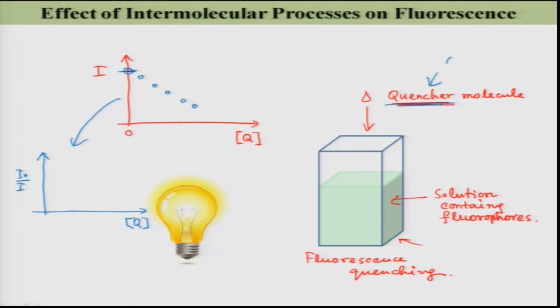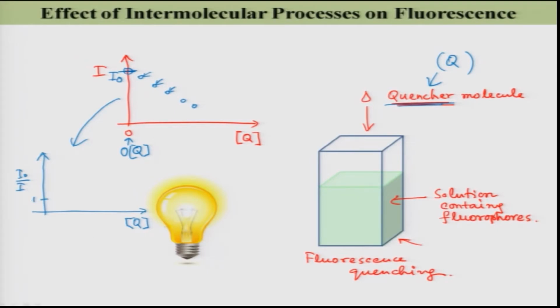This quencher is just represented as Q. So, if I now plot I0 by I, what is that I0? I0 is the intensity for zero Q, and all the others are I for different values of Q. When Q equals 0, then I0 by I is equal to I0 by I0, which is equal to 1. So, it will start from the value 1.